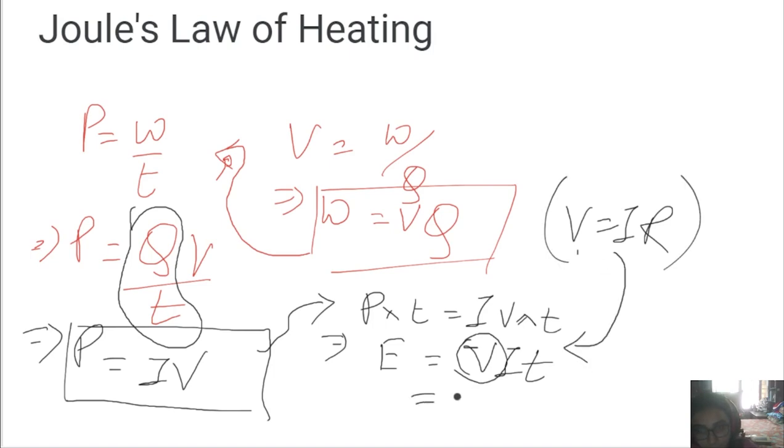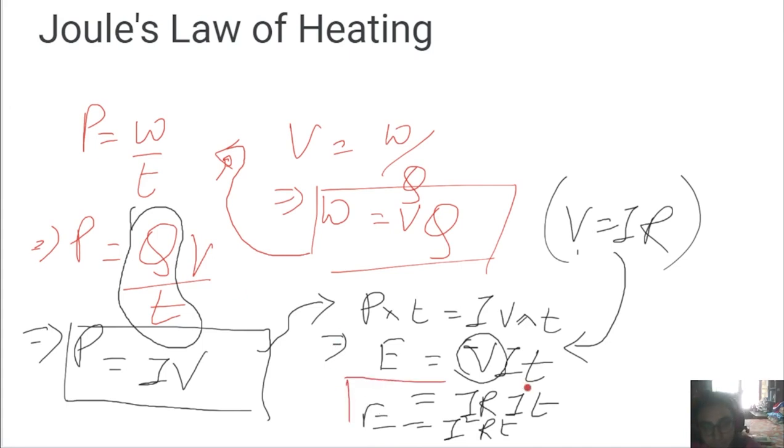So E equals IR into IT, which is nothing but I square RT. So the energy dissipated in the form of heat is equal to I square RT.